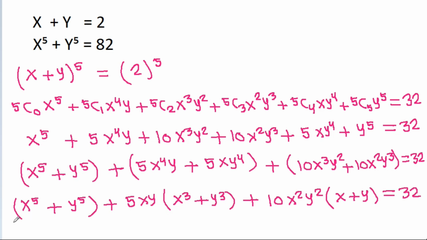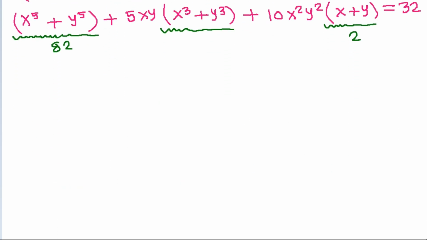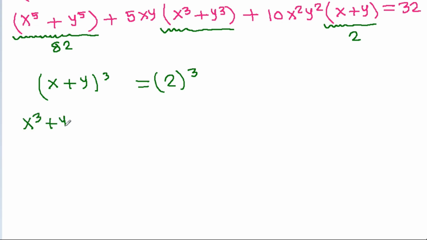and we have x power 5 plus y power 5 is equal to 82, and we have x plus y is equal to 2, and x cube plus y cube, here we have x plus y is equal to 2, and if we cube it on both sides, then (x plus y) whole cube is x cube plus y cube plus 3xy times (x plus y), that is equal to 2 cube, which is 8.